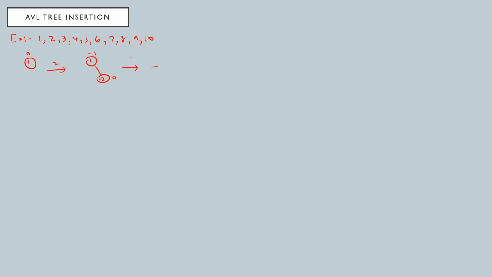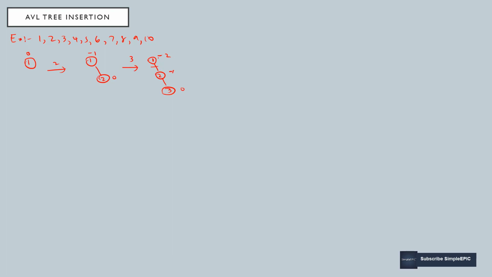Then we get 3. So 1 is over here, 2 is over here, 3 is over here. So 3 is 0, 2 is minus 1. Now 1 is minus 2, because the left subtree is 0 and the right subtree has a height of 2.